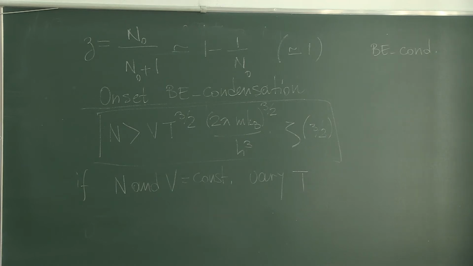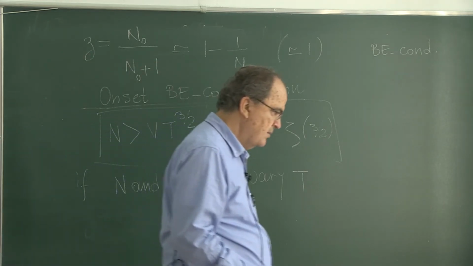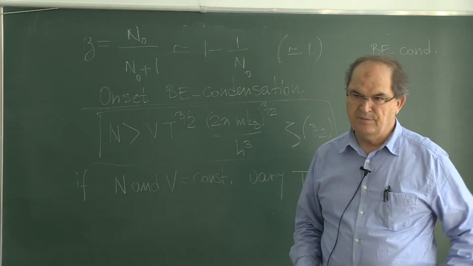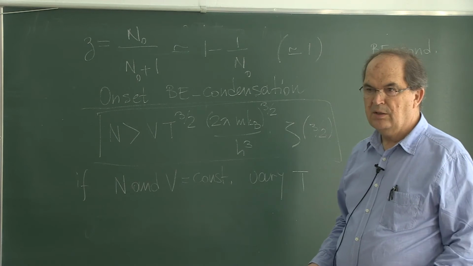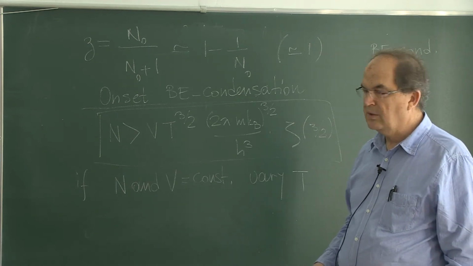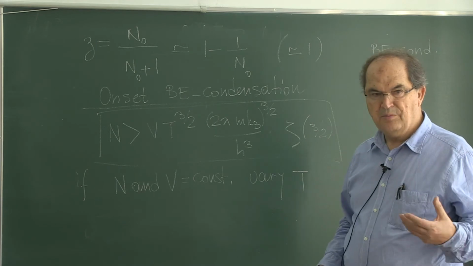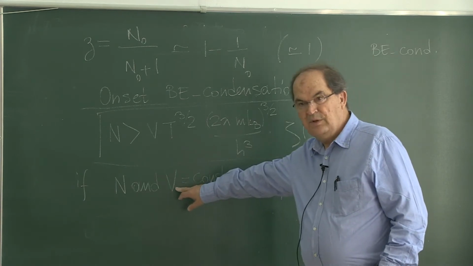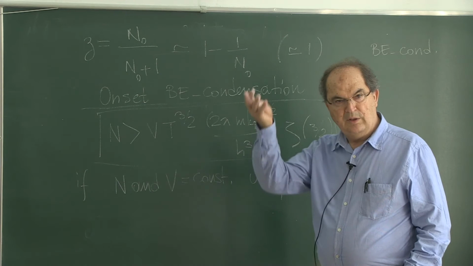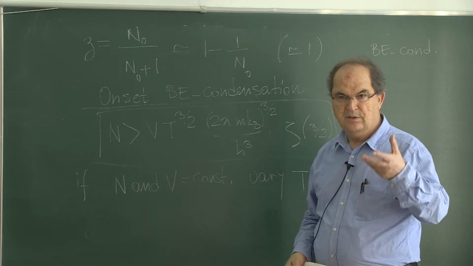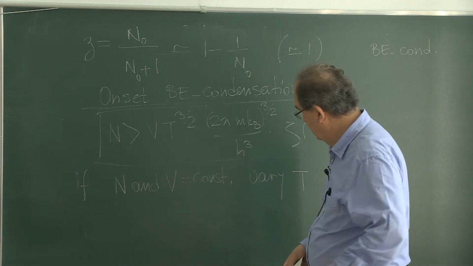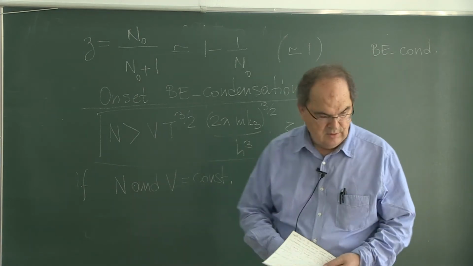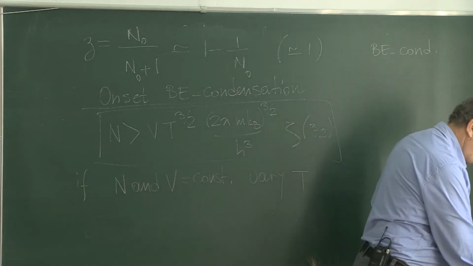If you have T rising, you go to the classical limit. One way of looking at condensation is in the temperature range. You can also play with V, lower it, increase it, and see what happens to the system. But let's vary temperature. That's what experimentalists also do.